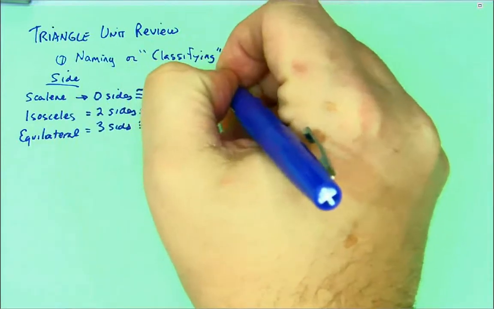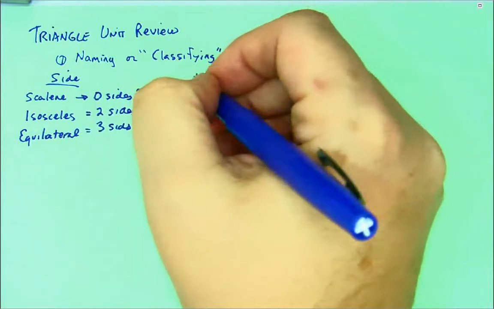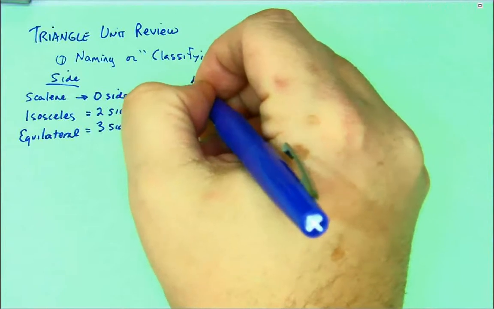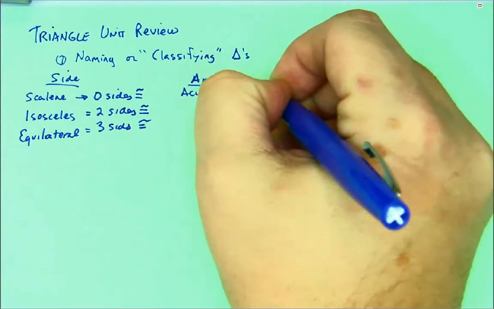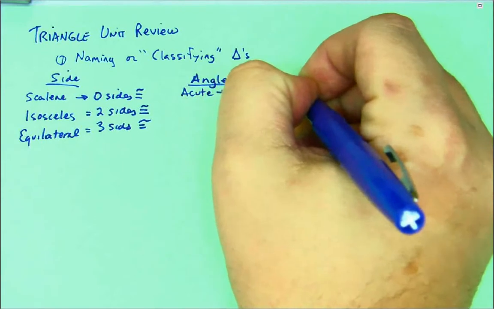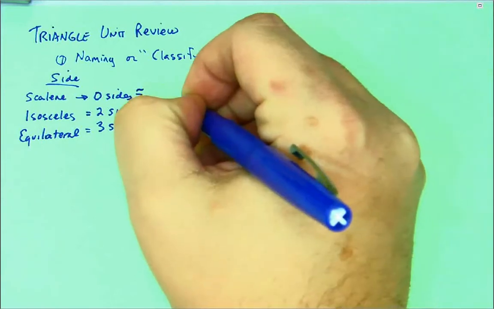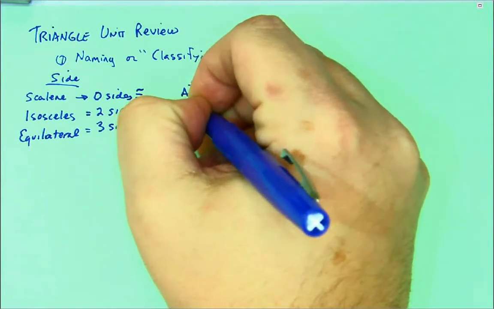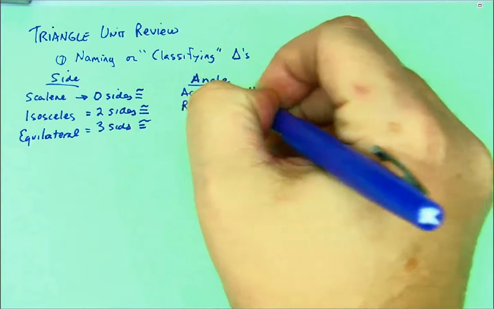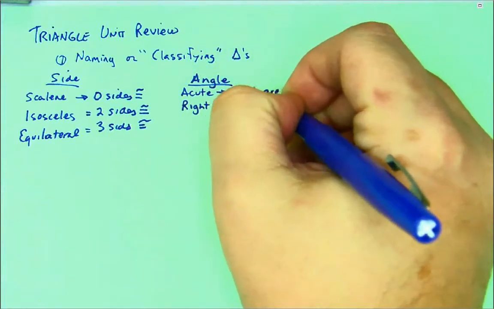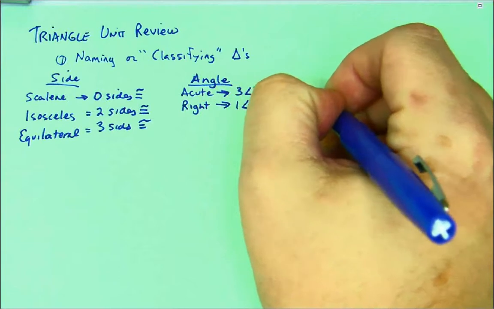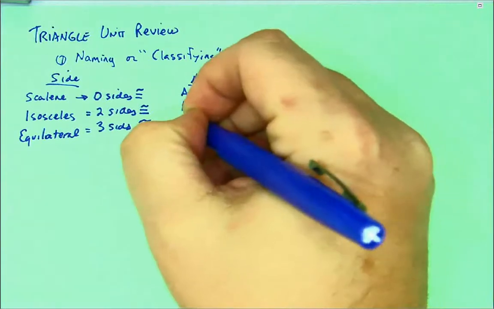By angle, we can talk about acute, which means 3 angles are acute. A right triangle, 1 angle is a right angle. We have 2 acute angles.